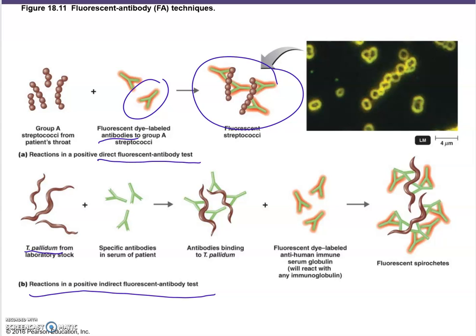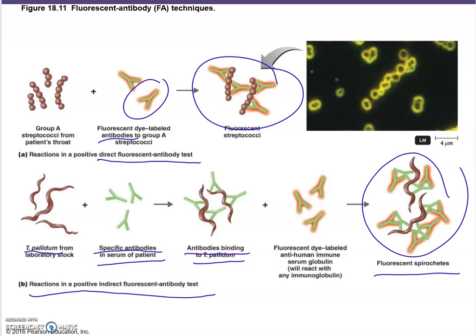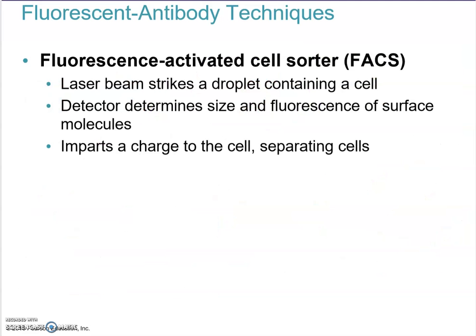Here, the example, you have specific antibodies in serum of a patient, and now you're taking this antigen that you have from a lab stock plus the antibody that is present in a patient that has been infected, and these antibodies will bind to Treponema pallidum, and now you have fluorescent dye-labeled anti-human immune serum globulin, which will react with any immunoglobulin, and now you have a fluorescent spirochete test here, and that would be a positive test for the presence of Treponema pallidum.